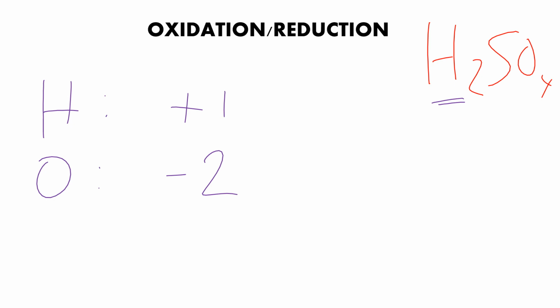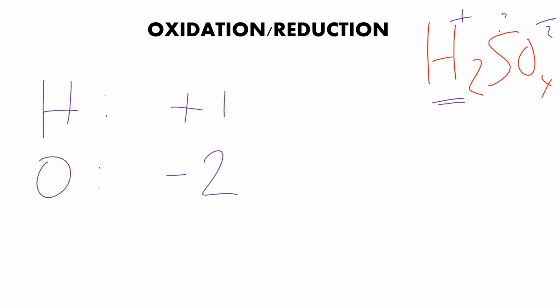Sulfur wasn't in one of the earlier rules, so again, usually there will be one element which you have to calculate the oxidation state for based on the other 5 rules. And so what you do is set up a simple algebra problem. Hydrogen is +1, oxygen is -2. What is sulfur? The sum of the oxidation states always has to equal 0 in a neutral compound.